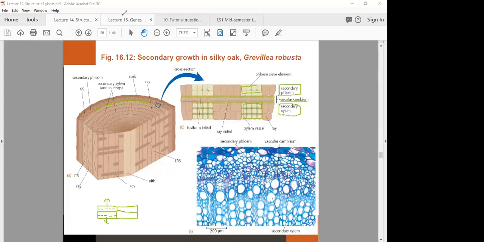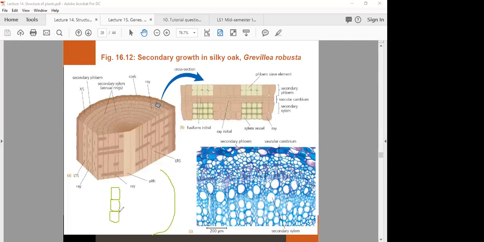So to illustrate that, I need to do some more drawing. All right, so let's say this is the outside of the stem. And here we have, I'll draw it just further in here so I've got room. Let's say it's the start of the growing season and some secondary xylem cells are formed.